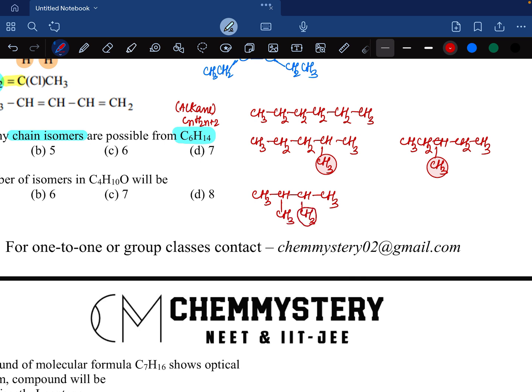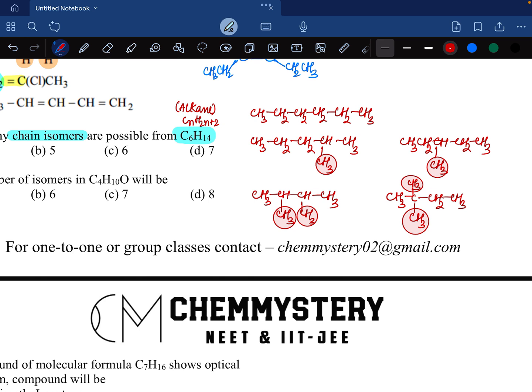Another 4-carbon main chain, CH3, C, CH2, CH3, with the remaining methyl groups on the same carbon atom. Any other possibilities?